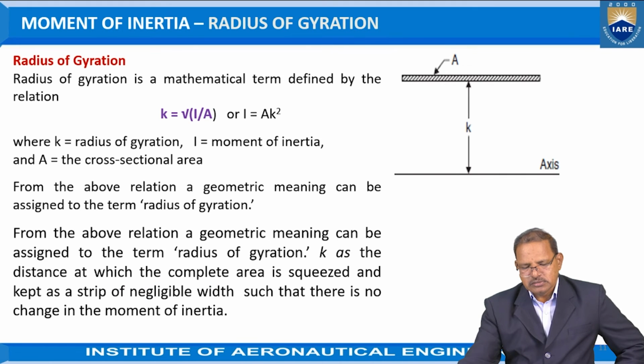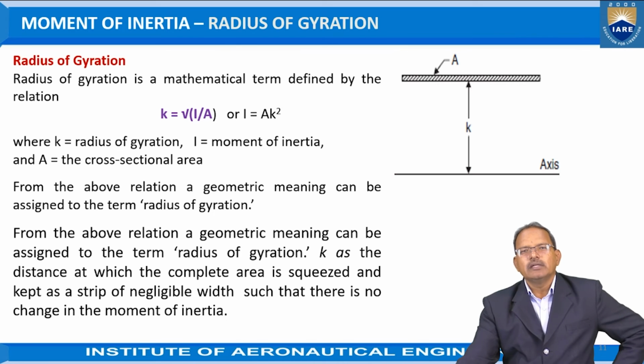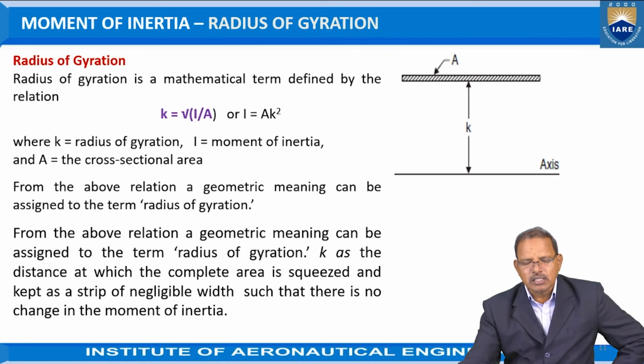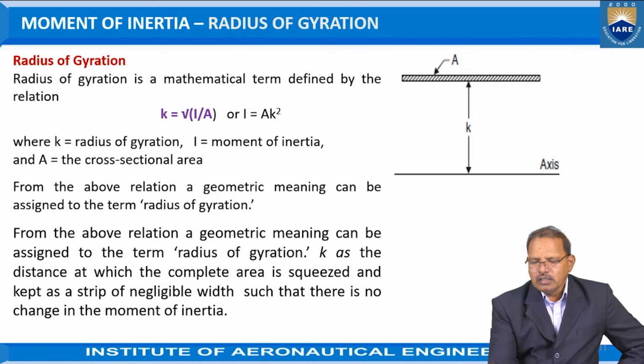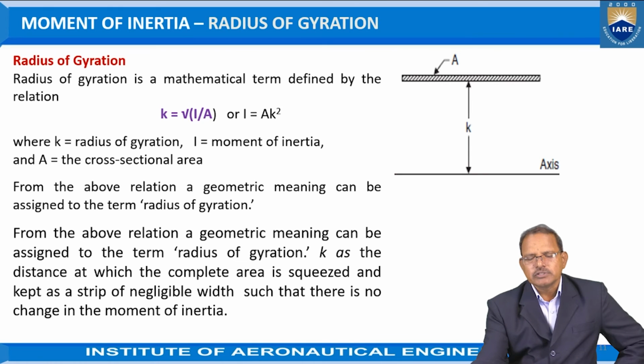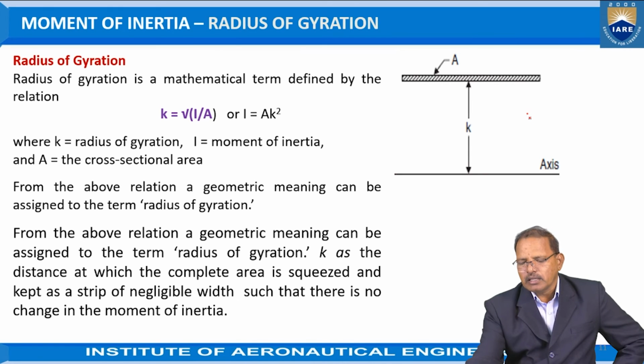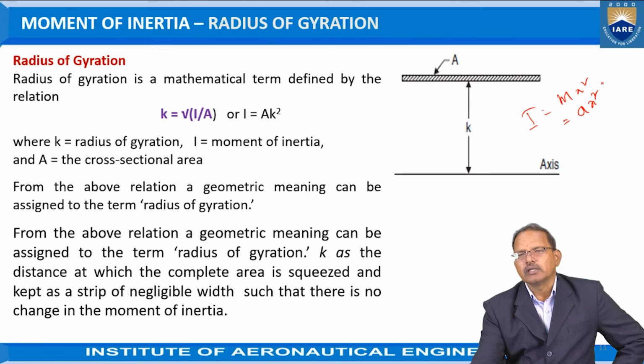Radius of gyration is mathematically defined using the following relations. Here the moment of inertia possessed by any element is given by I is equal to m x square, or we can call it A x square, where x is representing the position of the centroid with respect to the reference line.